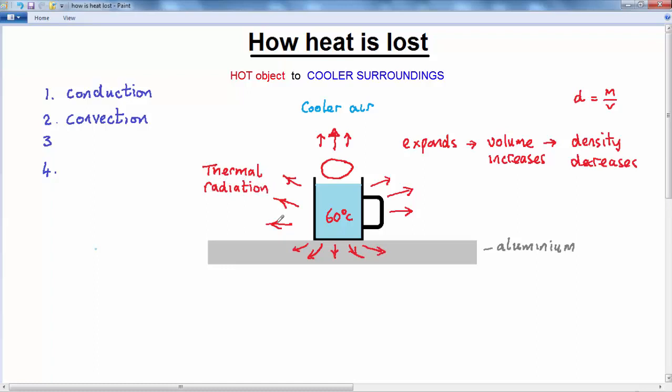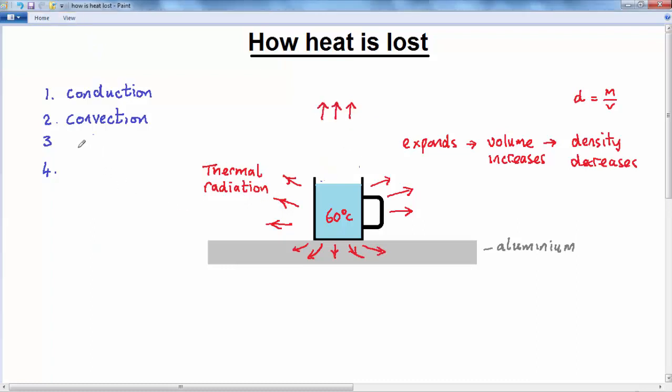Just to emphasize that, we mentioned before that everything that has a temperature is both emitting and absorbing radiation continually, but if the temperature of the object is greater than its surroundings, it will be emitting more radiation than it absorbs, so it will be losing heat through the emission of thermal radiation.